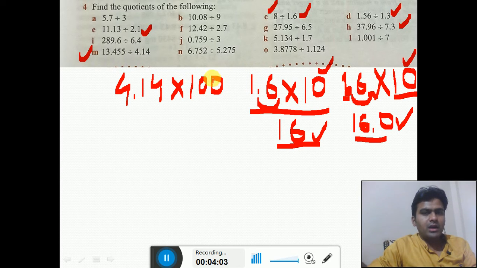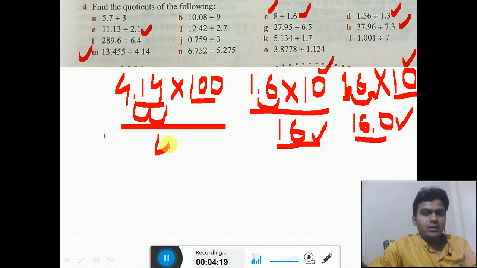Why by 100? Because here the decimal is after 2 places from the right. So to shift this decimal point 2 places, we have to multiply by 100. So this number 4.14 will become 414.